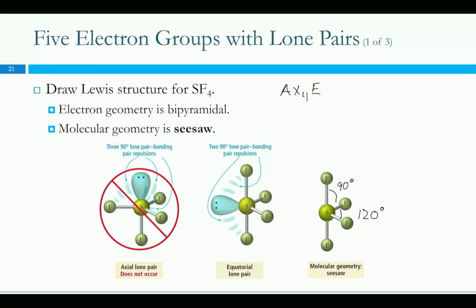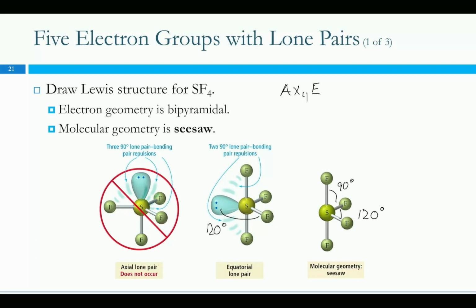So if I put the lone pair here, it's got 3 90-degree lone pair bonding group interactions. But if I put it on the side, now it's only got 2 90-degree lone pair bonding interactions, the top one and the bottom one, and then the bond angle to the sides is going to be 120. Because it can get more space, we can reduce the number of lone pair bonding pair repulsions.